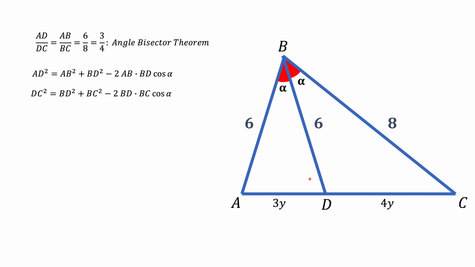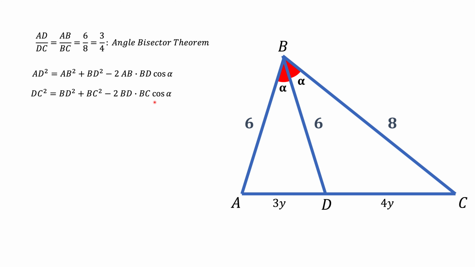Now, in our case, all we care about is DC, so let's just concentrate on that. We already used the first equation. We already used angle bisector theorem when we said that AD is 3y and CD is 4y. Now let's plug those values in these two equations. Also, let's plug AB, BD, and BC in these equations.